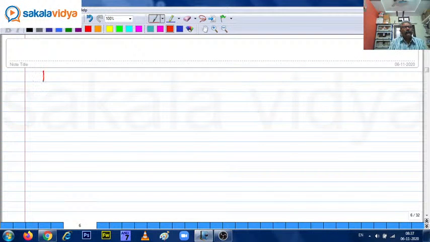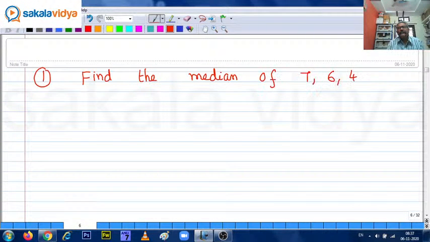One example, find the median of 7, 6, 4, 10, 8. First check whether they are arranged in the ascending or descending order. First we need to arrange them. Solution.